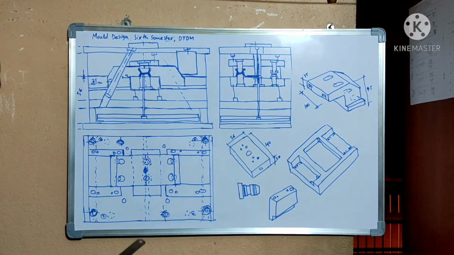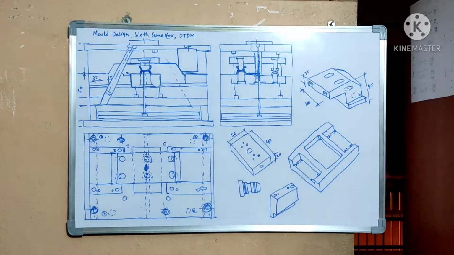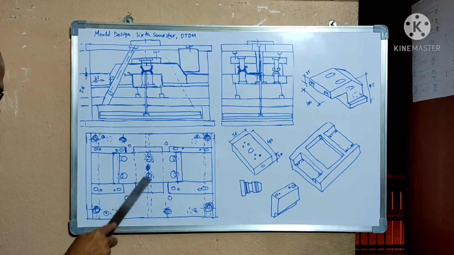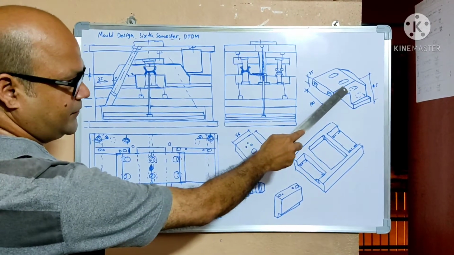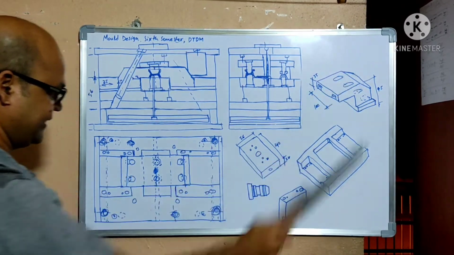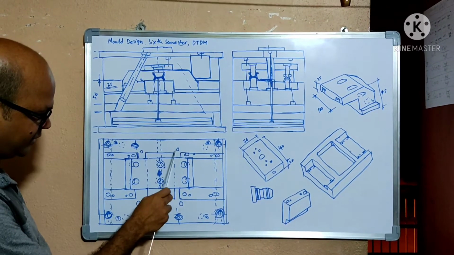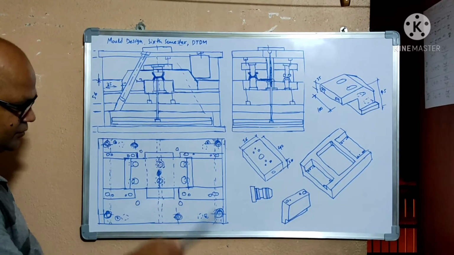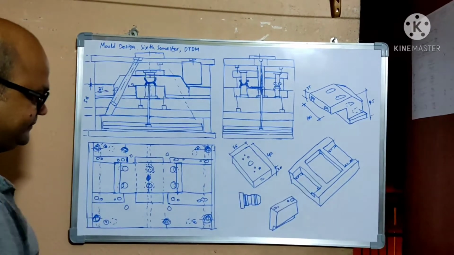Here we have introduced only the 1, 2, 3, 4 guides, and the split cavity, one here and another placed here. In the top view you are also observing the core insert, which is placed in the core housing plate.